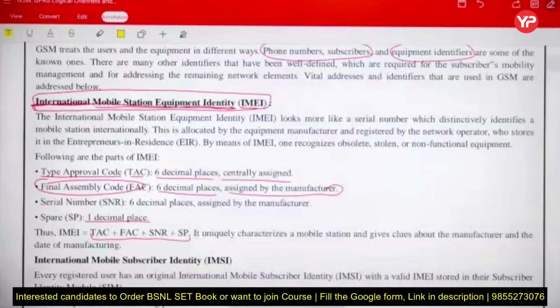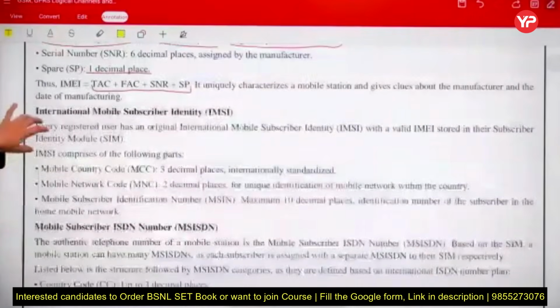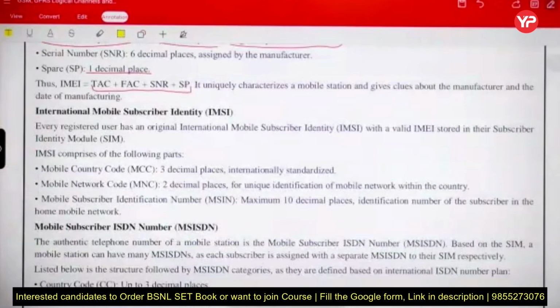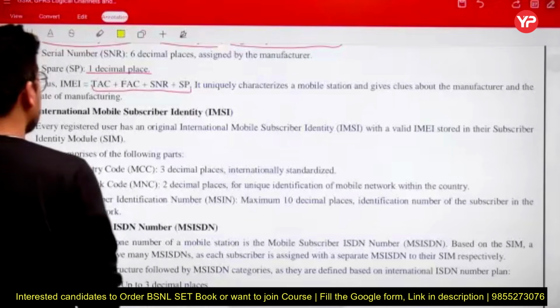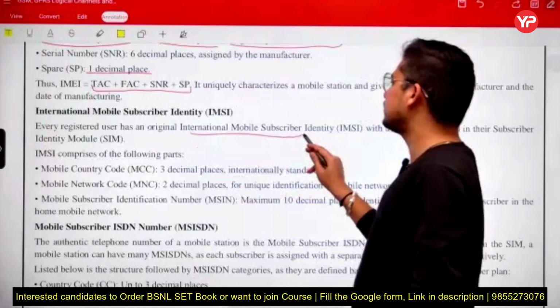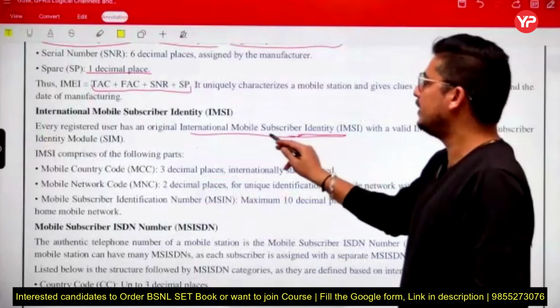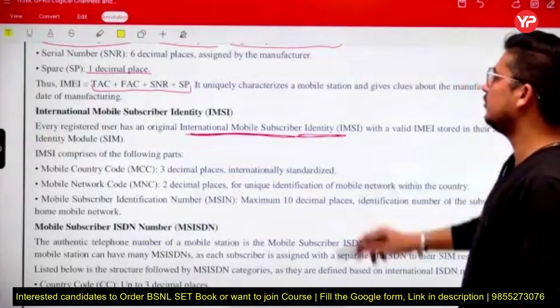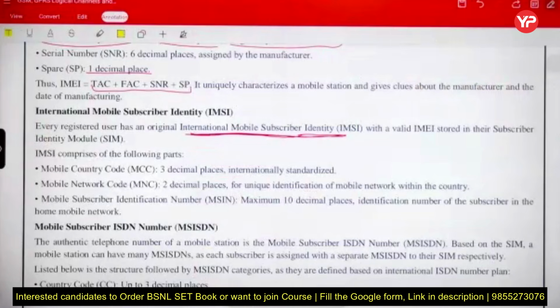Next thing is the international mobile subscriber identity, right? The IMSI number. The IMSI number is basically the international mobile subscriber identity.